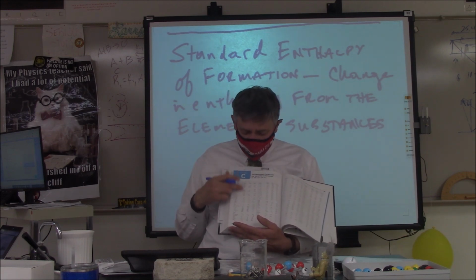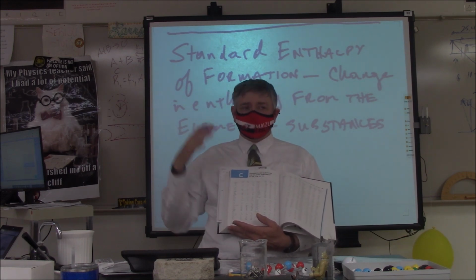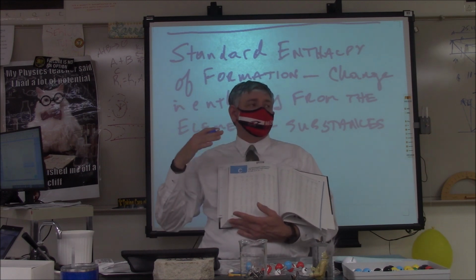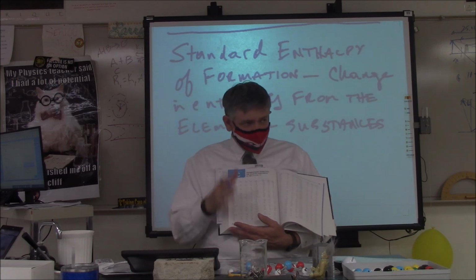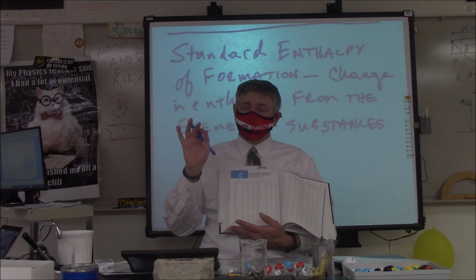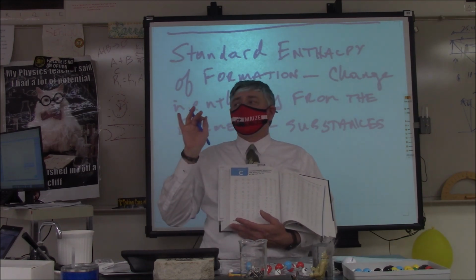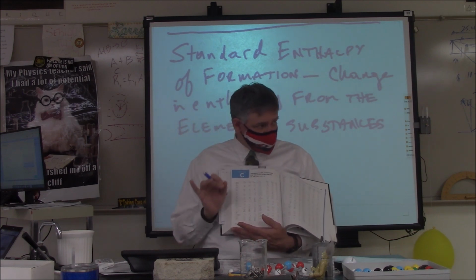So what this column tells you is how much energy is either released or consumed in the production of a compound, and here's the most important part, from its elemental substances.